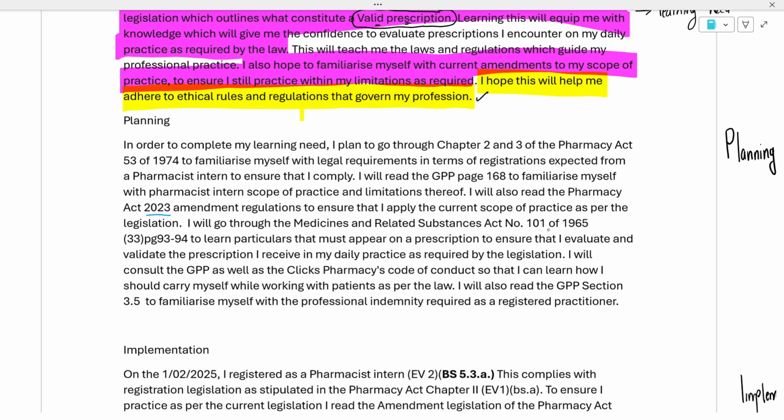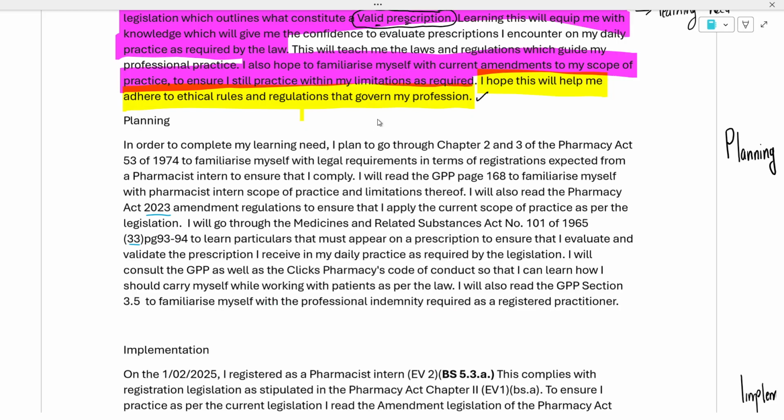I will go through the Medicines Act, particulars that must appear on a prescription to ensure I evaluate a valid prescription I receive in my daily practice as required by legislation. I will consult the GPP as well as the CLIC's Code of Conduct so that I can learn how to carry myself while working with patients as per law. I will read the GPP section 3.5 to familiarize myself with professional indemnity requirements.